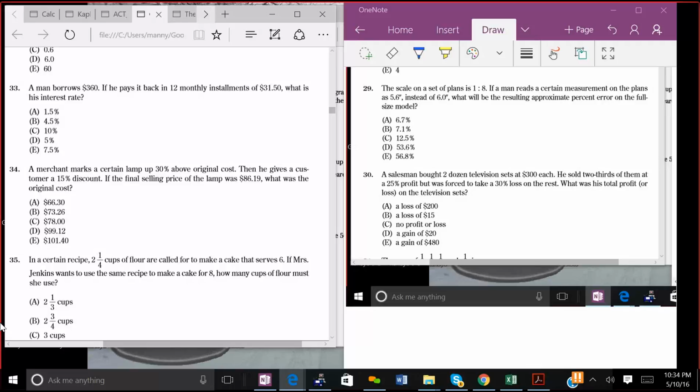So it's working backwards, I guess. So it would be 86.19 is what, 15 is what percent, or 8.19 is 15% of what number?